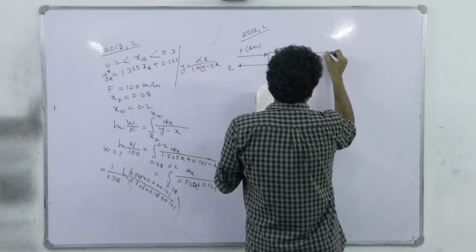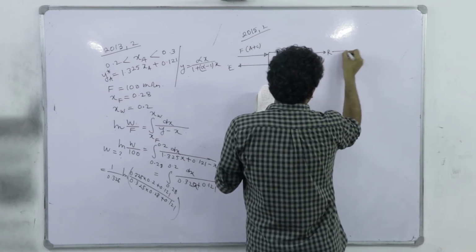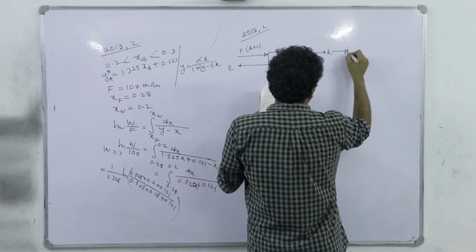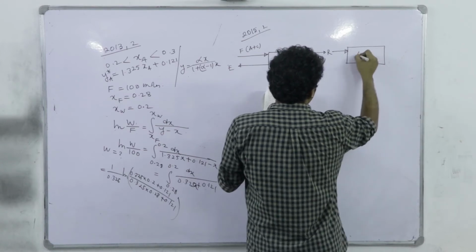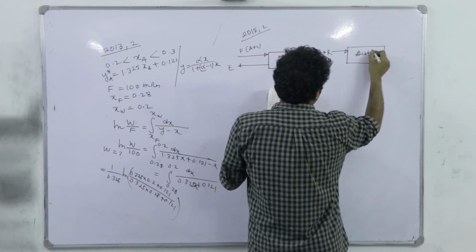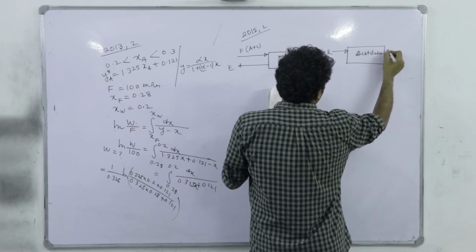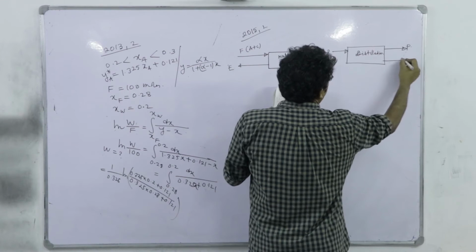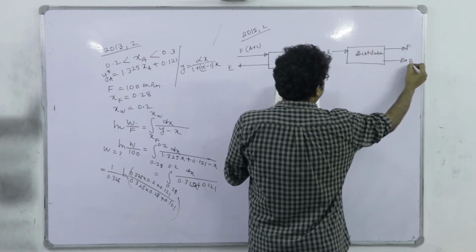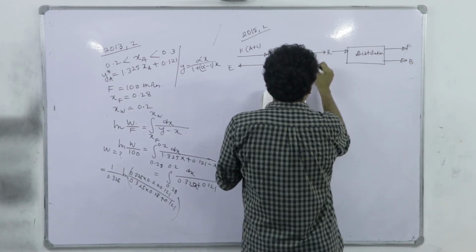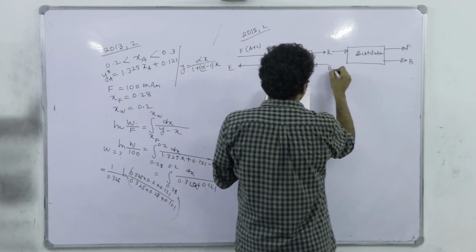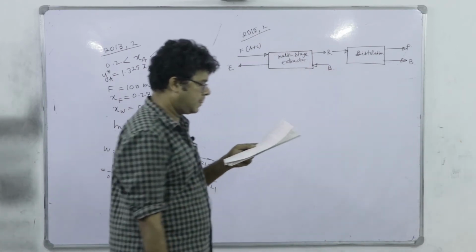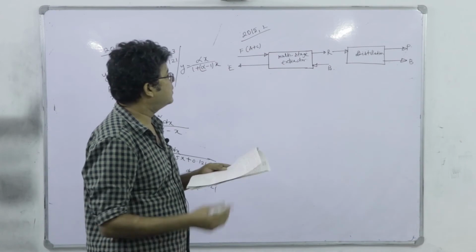Now we have the raffinate R, and raffinate goes to the distillation unit, giving product P and solvent B, right, and here you are adding pure solvent B. That is the schematic, right.